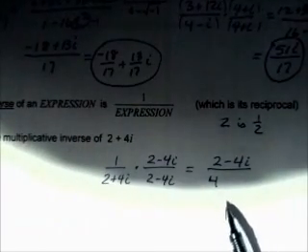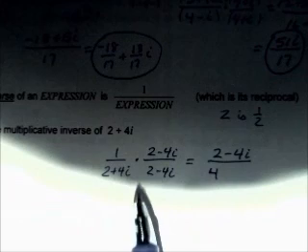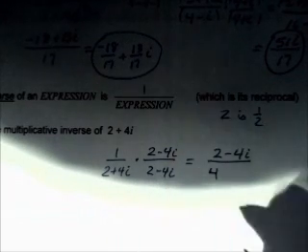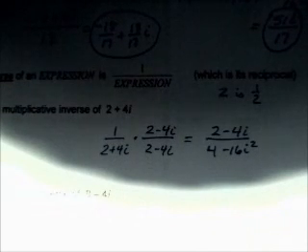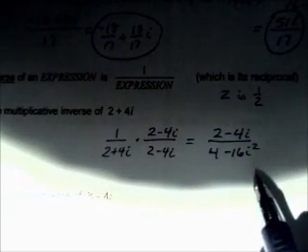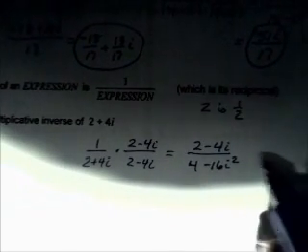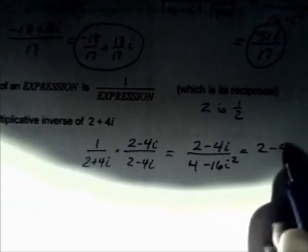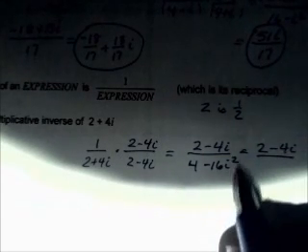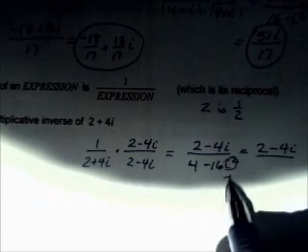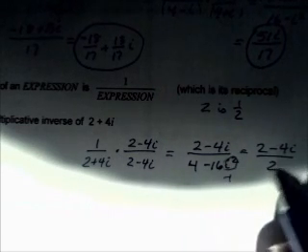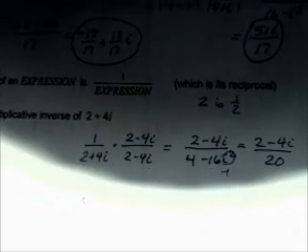Lack of motion again, so the lights went out. The product of the last terms, negative 16i squared. That i squared is going to be negative 1, so plus 16, that'll be 20. So 2 minus 4i all over 20.